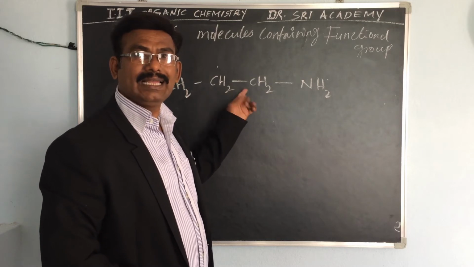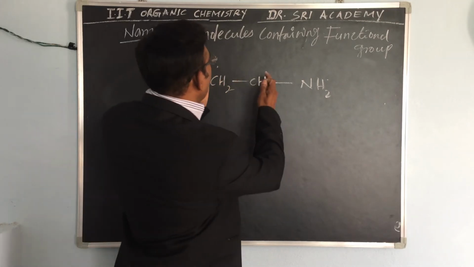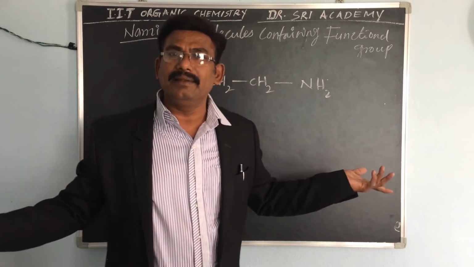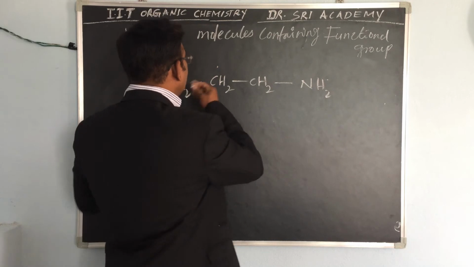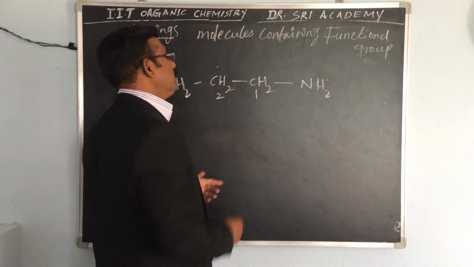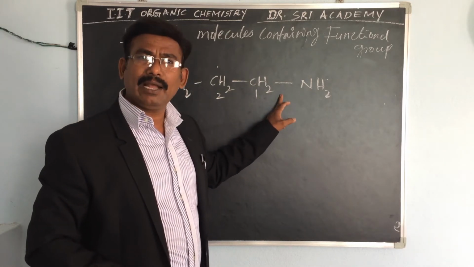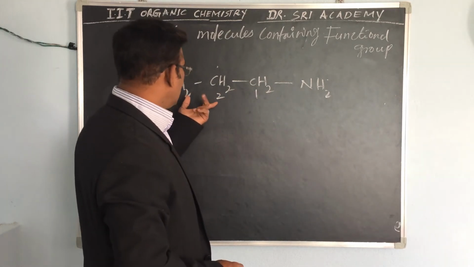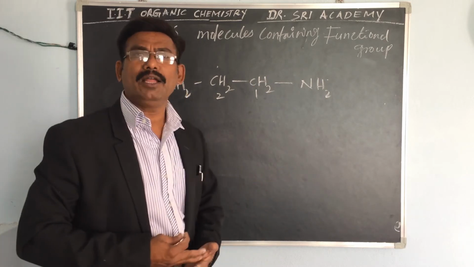This is called what? Eth. So eth means N, single bond, ethane. So the position, either this side or this side, same position, 1, 2. So 1 position containing the 1 amine group, the other 2 position containing the 1 amine group, meaning 2 amine groups are there.